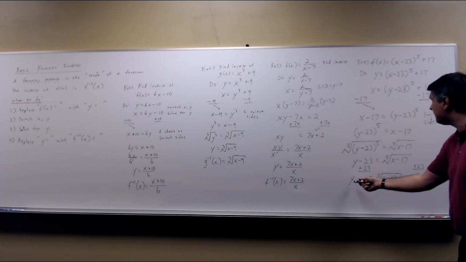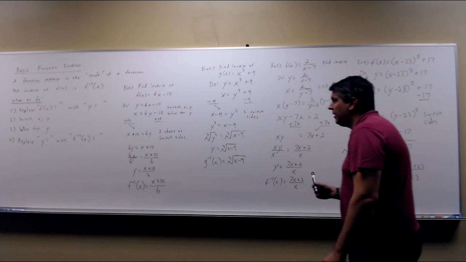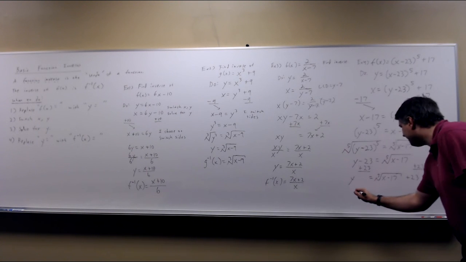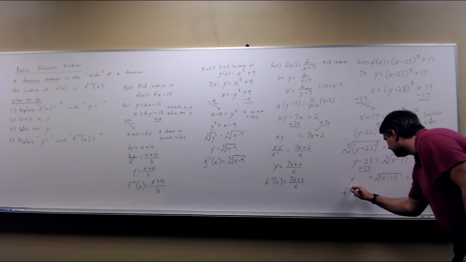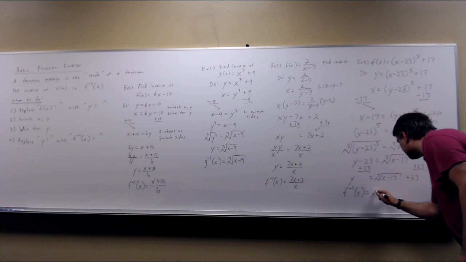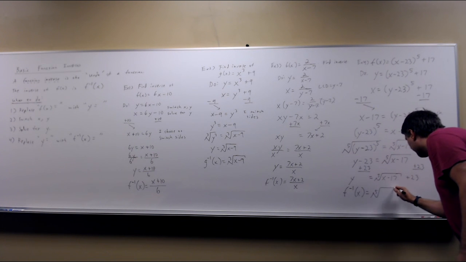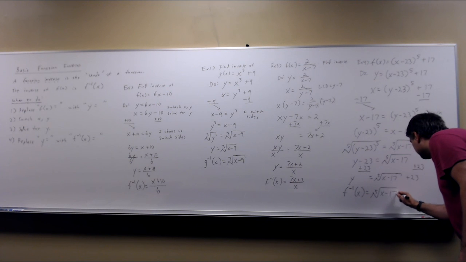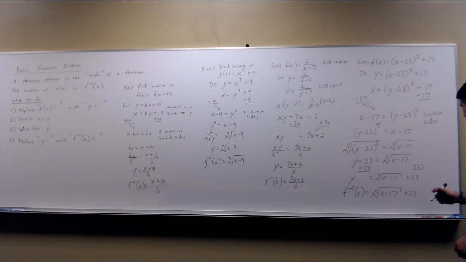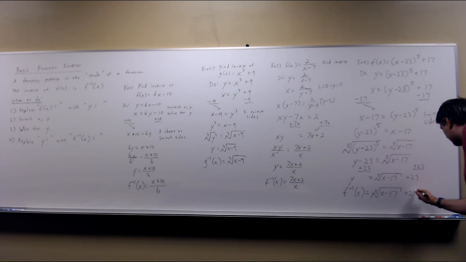The final step is to replace y with f inverse. So I have f inverse of x equals the fifth root of x minus 17 plus 23. And ladies and gentlemen, I'm done.